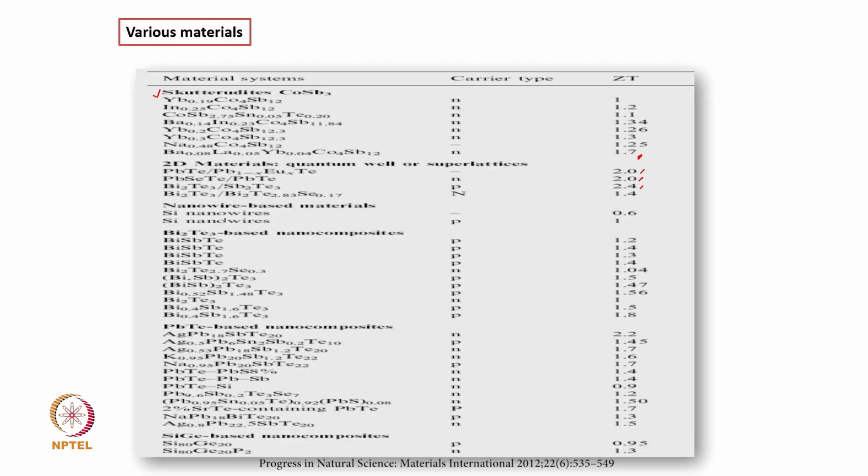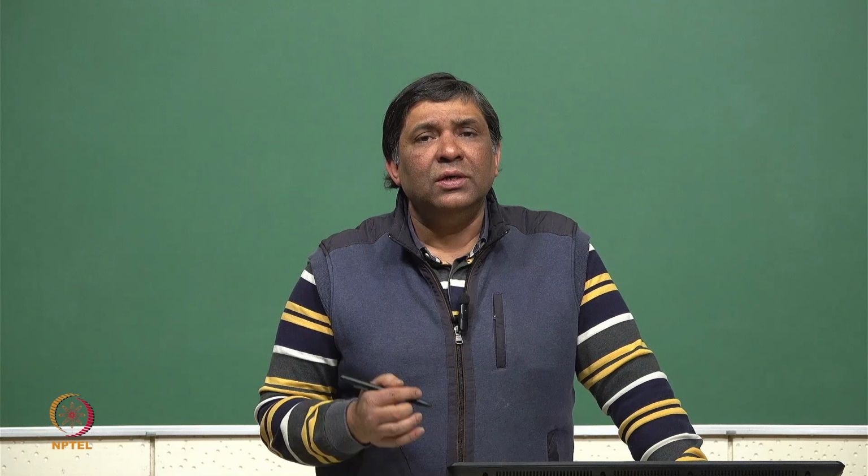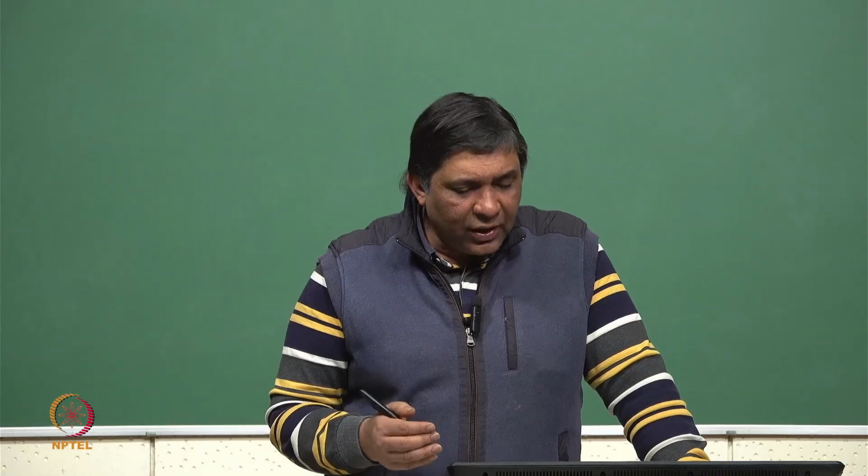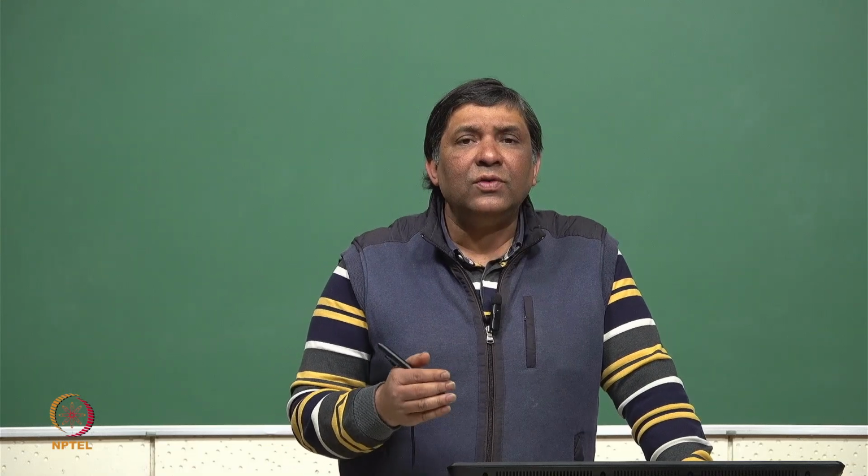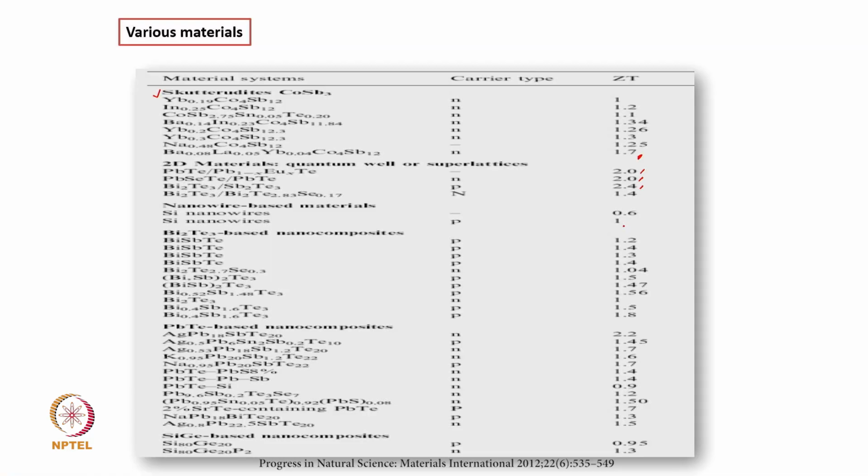So, now if we see the nanowire, in many cases, although we have enhanced the quantum effect, it has been reported that in nanowires the typical value of ZT is close to 1 or slightly more than 1. And then nanocomposite, which I discussed in the last class. Okay. So, one typical nanocomposite is a nanocomposite of BiSbTe. You make a composite of BiSbTe, or a bit more complex composite, which one can make.